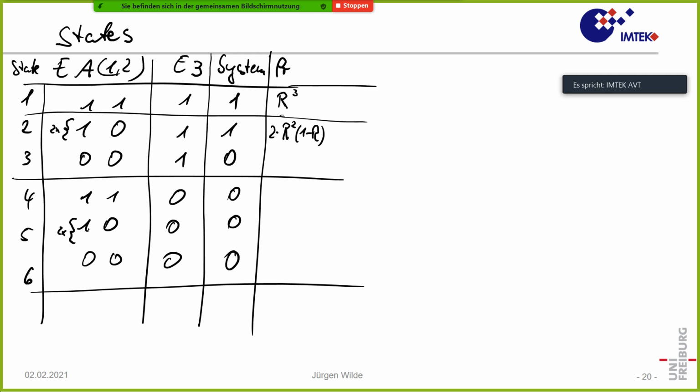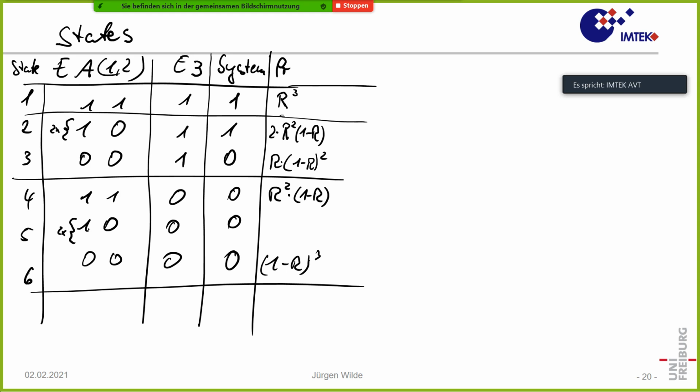So here that is r times (1 minus r) squared. What is it here? r squared times 1 minus r. Here it is (1 minus r) to the power of 3.